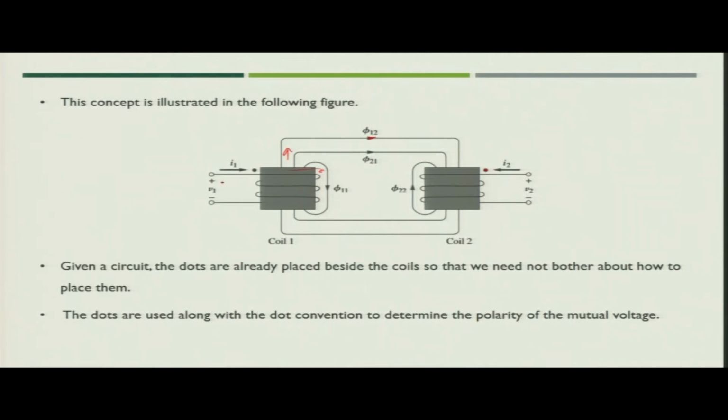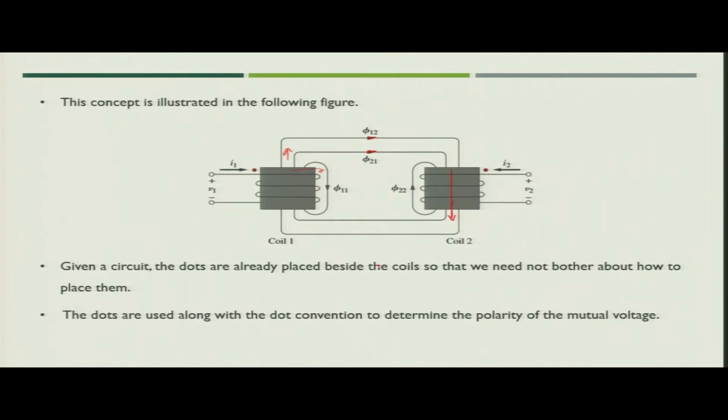When you place the right hand in the similar way, your thumb will be in the downward direction. So again your phi 21 will link the first coil in the clockwise direction.